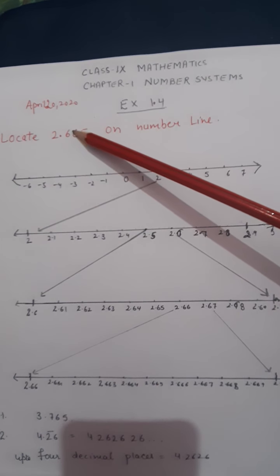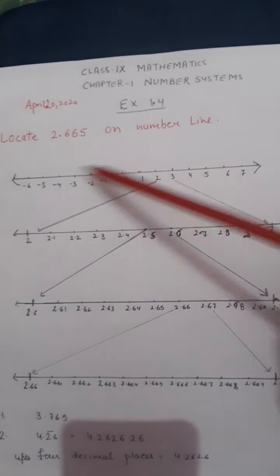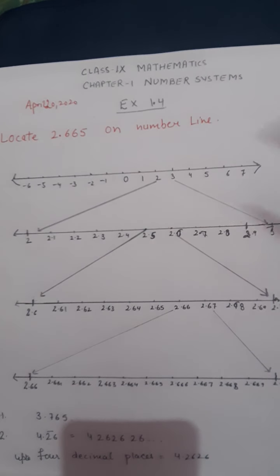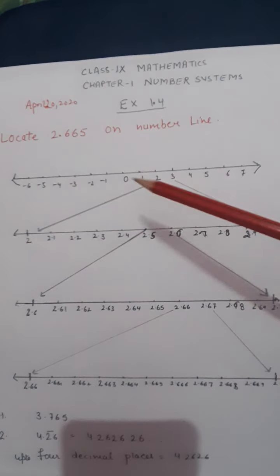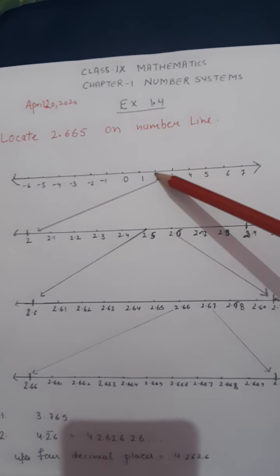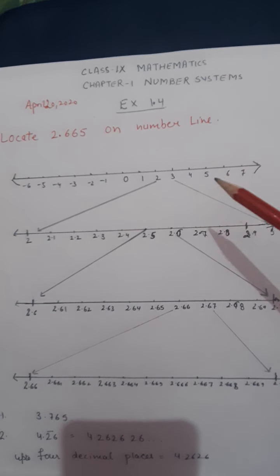Where does 2.6 lie on the number line? You will draw a number line. In between there is 0, 1, 2, 3, 4, 5 positive integers and negative integers on that side, right? So somewhere between 2 and 3, 2.6 will lie. Between 2 and 3 we will find 2.6.